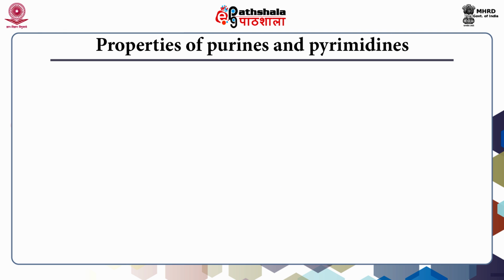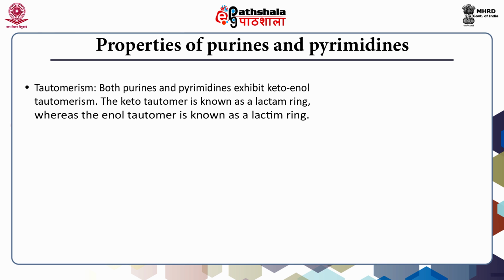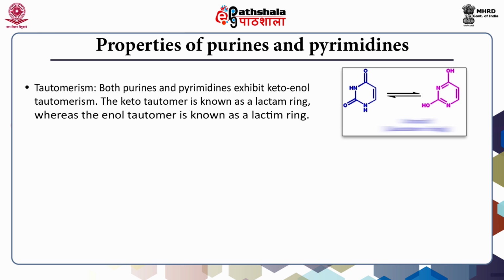Now, let us look at the properties of purines and pyrimidines. Both purines and pyrimidines exhibit tautomerism, that means they exist in keto and enol forms. The keto tautomer is known as lactam ring, whereas enol tautomer is known as lactim ring.